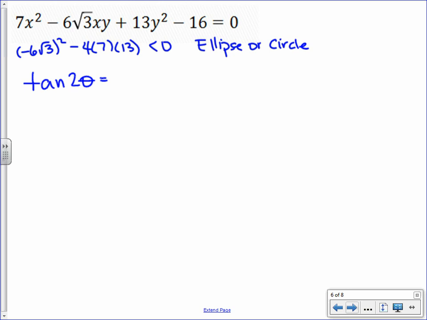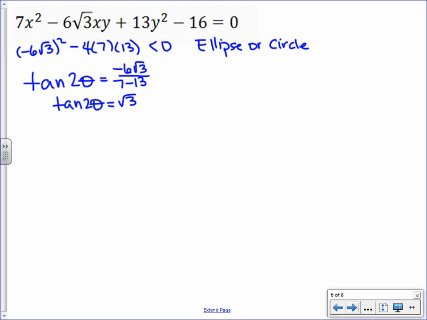B over A minus C. So the tangent of 2 theta simplifies down to radical 3, because this would be a negative 6 in the denominator.